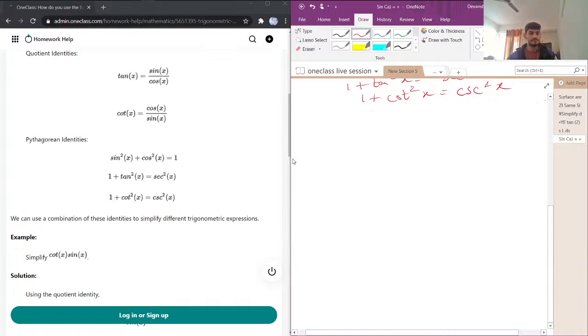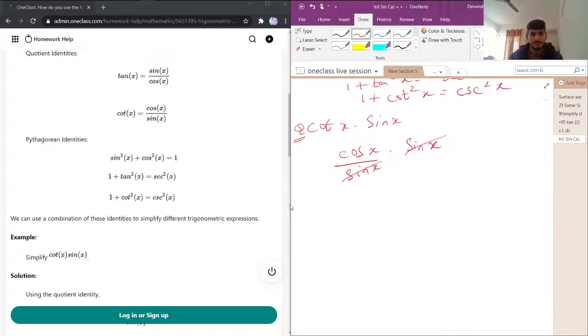Now the example given here is simplify cotangent of x and sine of x. So I will write cotangent as cosine of x over sine of x, then sine of x. So this will be simplified.